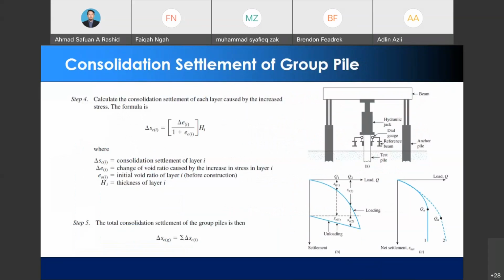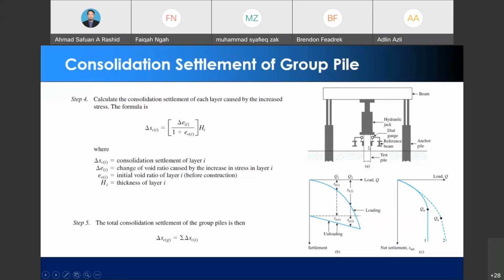As for testing, you cannot test a group of piles, you can only test a single pile. So this is the system. First they construct the anchor pile, and then they put a beam on top of the anchor pile, and then they use the hydraulic jack to apply the loads, making sure that the anchor pile is stronger compared to the test pile.